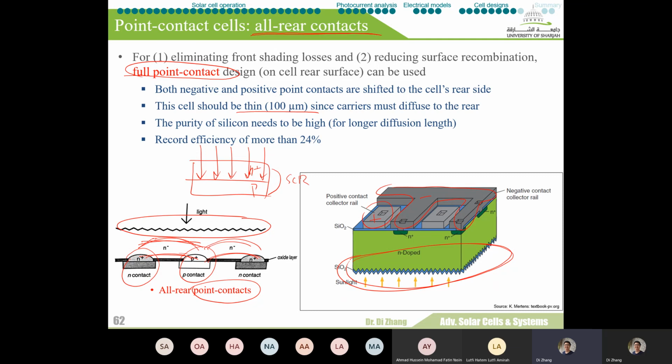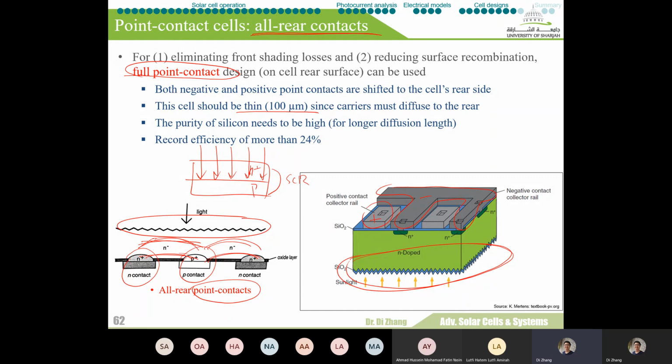So this design is optically very attractive, but at the same time we have to sacrifice other performance in order to show an overall improvement in the solar cell.